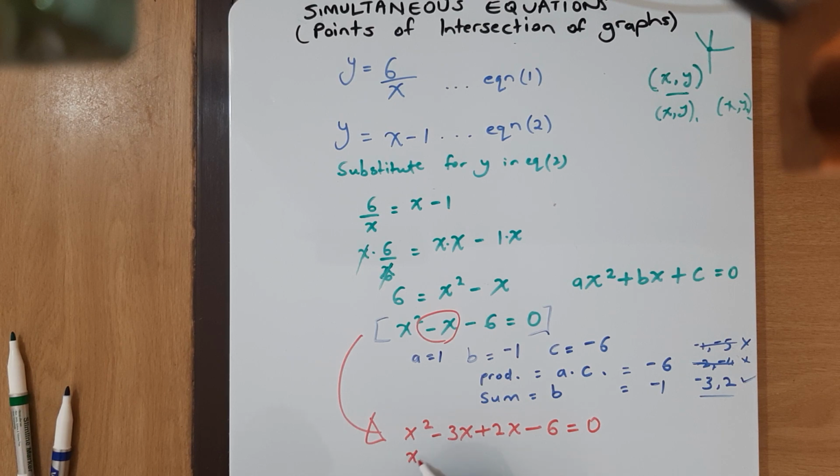So we bring our x out and then we get x -3, plus, bring our 2 out, we get x -3 equals 0. So we have x plus 2, x -3 equals 0.